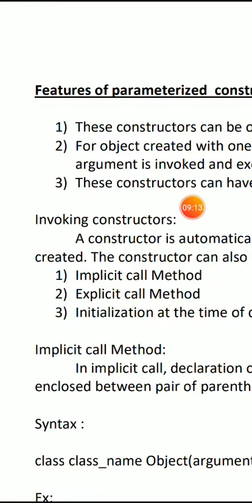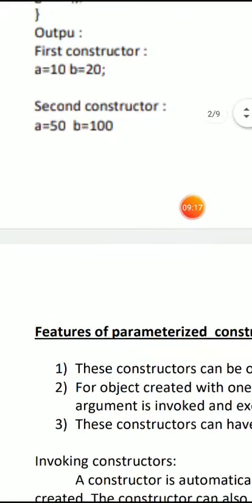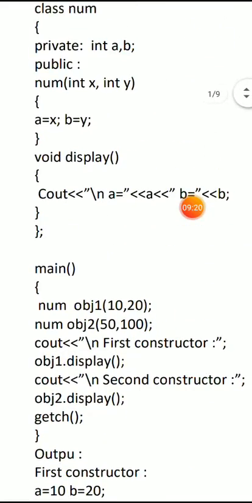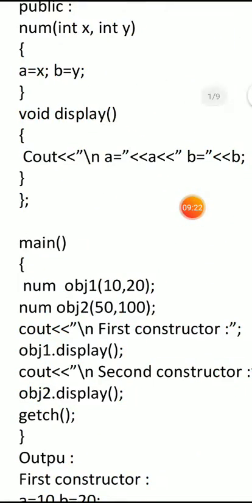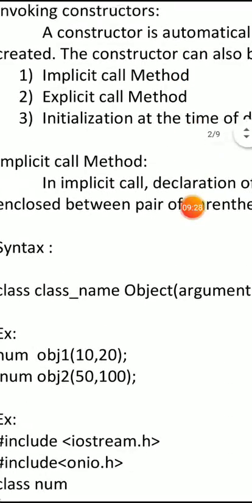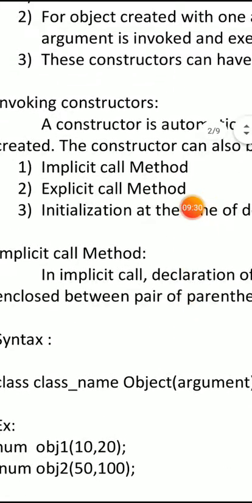In the above example, object 1 and object 2 were created by passing two arguments, 10, 20 and 50, 100. As soon as the object is created, automatically the constructor is invoked. So invoking is nothing but calling a constructor.